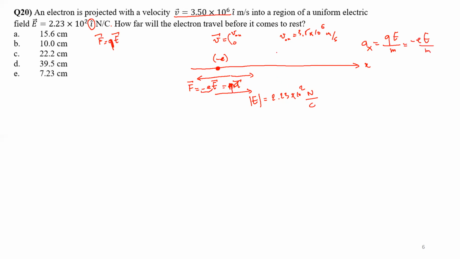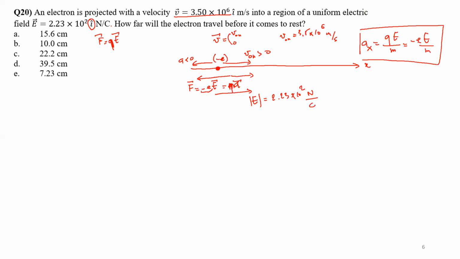Effectively, I have a particle that has an initial velocity along the x direction, subjected to an acceleration along the negative x direction. So v naught x is positive, but the acceleration is negative. So of course I will be decelerating.